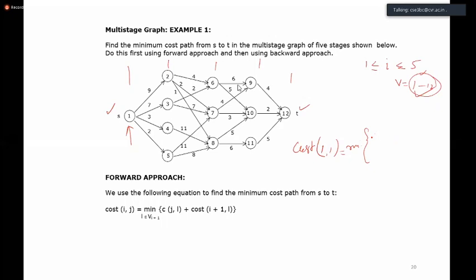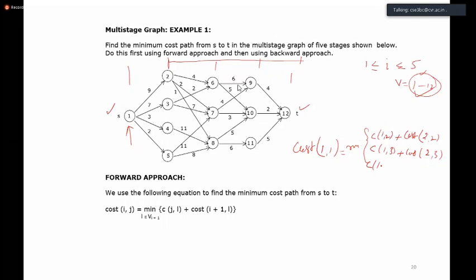That means c of 1 to 2 plus the cost from there onward, that is, the cost of second stage, second vertex. The next option is c of 1 to 3 plus cost of second stage, third vertex.